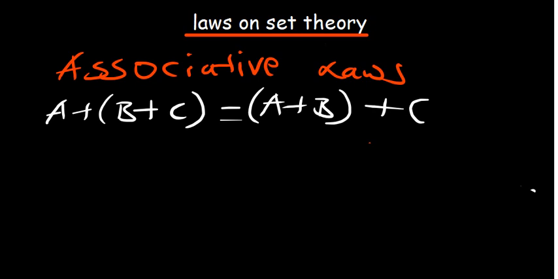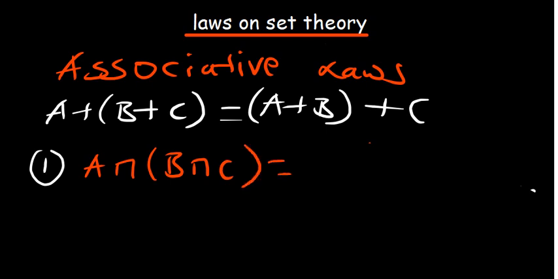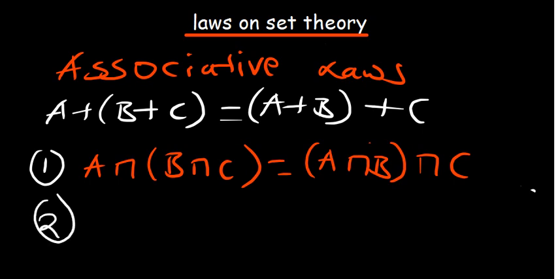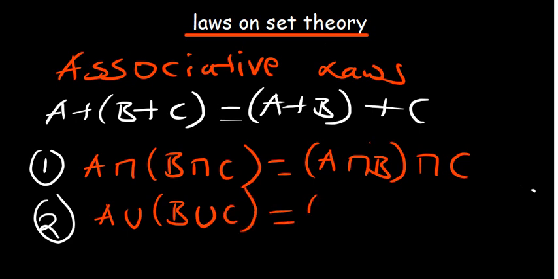So our first associative law tells us that A intersected with (B intersection C) is the same as (A intersection B) then being intersected with C. Now the other one applies to union, which means that A union (B union C) is the same as (A union B) then unionized with our C. So these are the two associative laws that we have to understand on set theory.